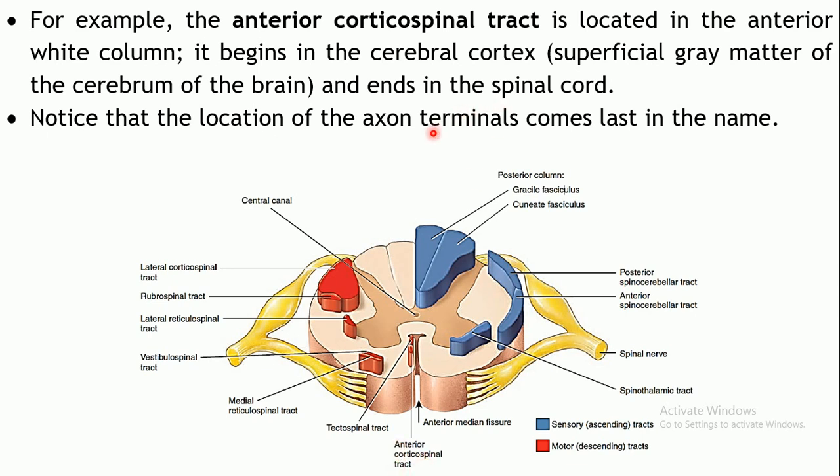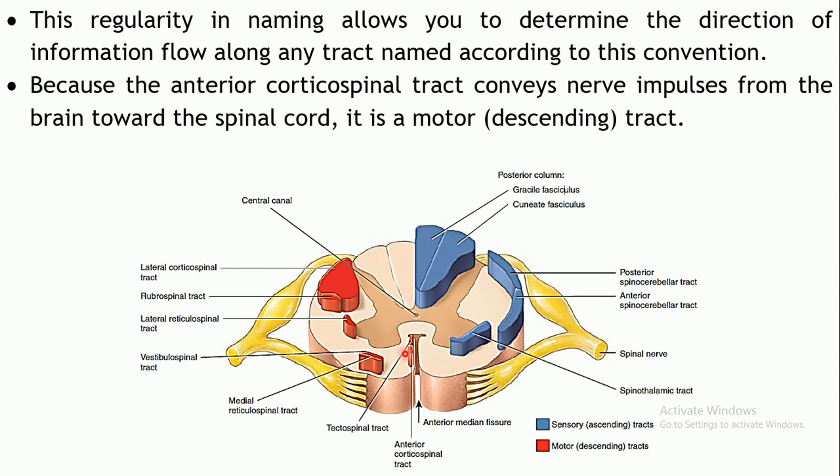Okay, so the area where the axon terminals are located, this name is given at the end. Okay, so it is an anterior corticospinal tract. So it is traveling from cerebral cortex towards the spinal cord. So what type of tract will it be? Will it be a sensory tract or will it be a motor tract? Yes, it will be a motor tract. So it is shown in red in color. Okay, so that's the example of how the nomenclature of these tracts is carried out.